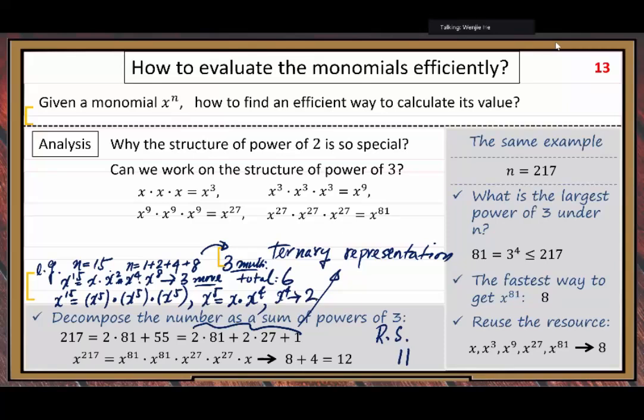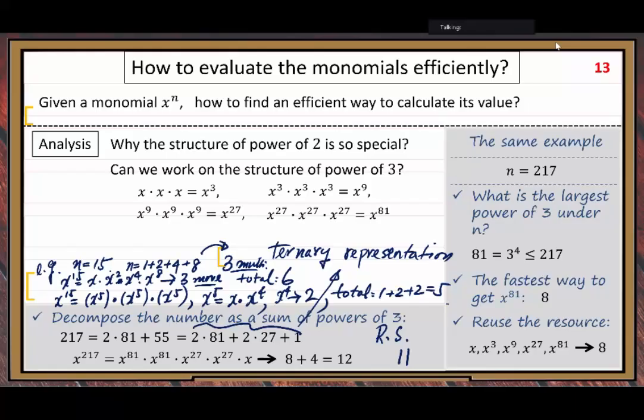Now let's do the final counting. 1 plus 2 plus 2, 5, right? So in this way, our total is 1 plus 2 plus 2 equals 5.